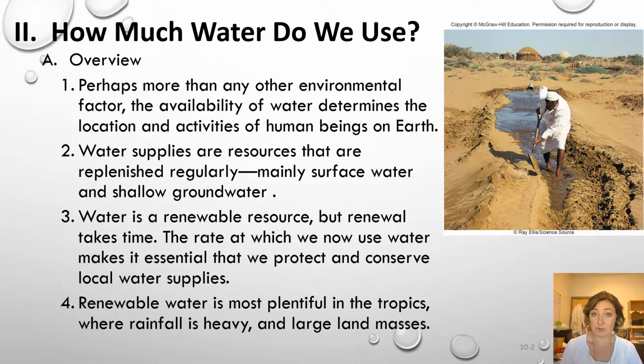Water is a renewable resource, but renewal does take time. The rate that we use water makes it essential that we protect and conserve local water supplies. So we saw last section how we are taking more water out, or withdrawing more water, than is being replenished.